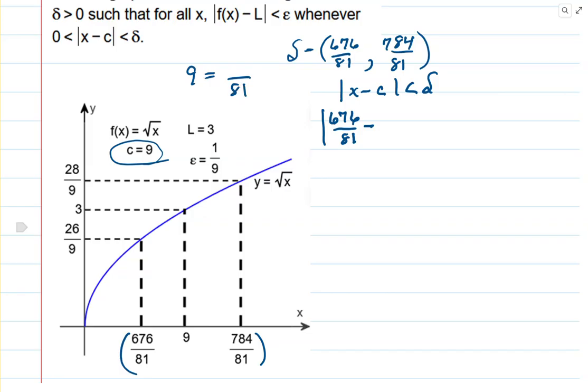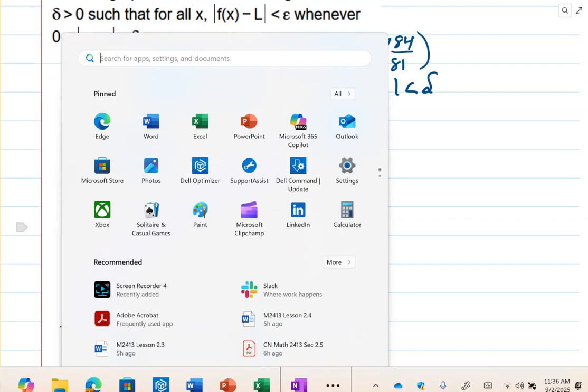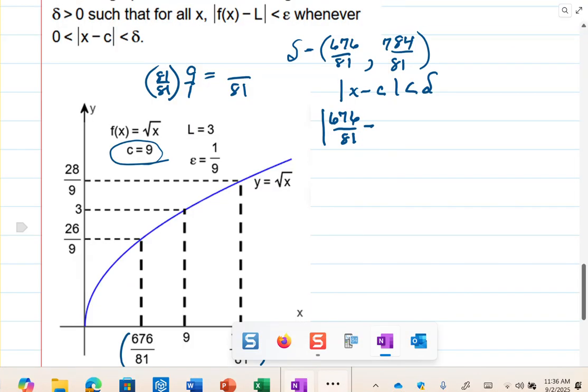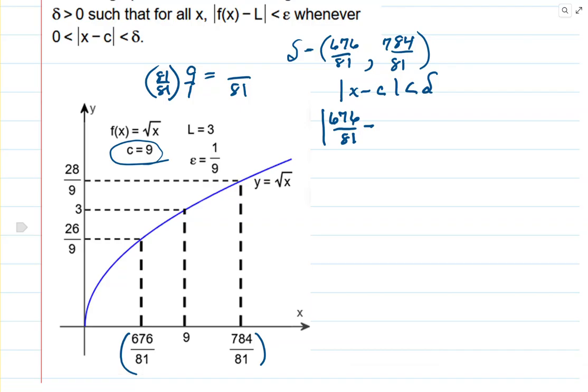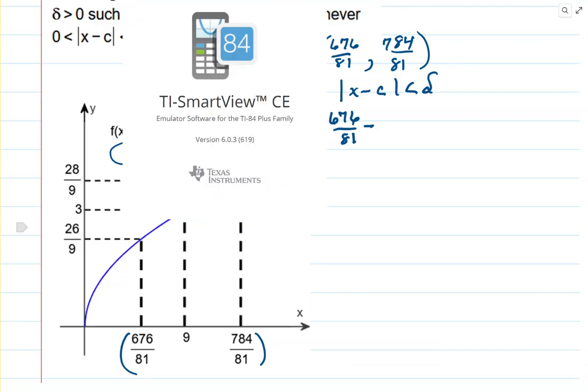I multiply 81 by 9. So I'm going to multiply this by 81 over 81 so I can have a common denominator. Is everybody comfortable with that? That's why I'm saying it's going to work out real nice.